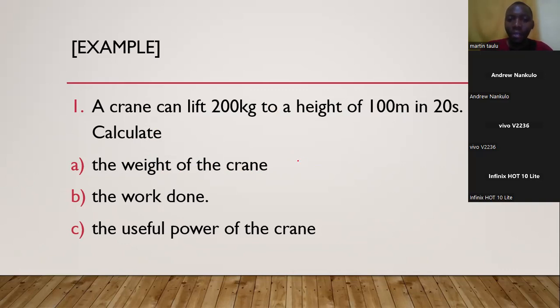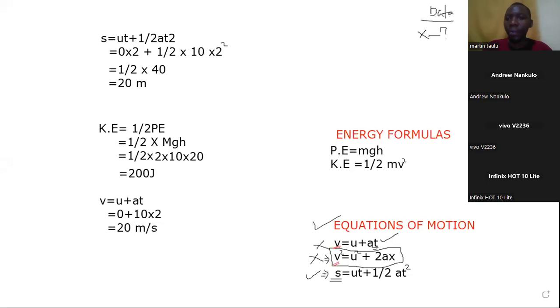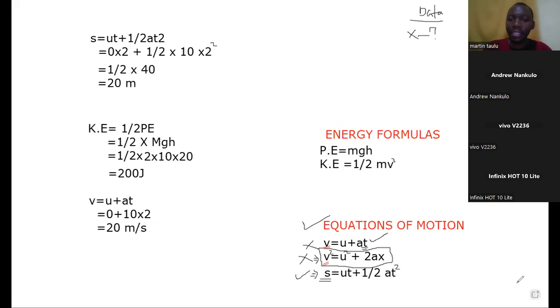Limpo, what's the formula for weight? It's mass times gravity. Okay, so weight is given by the formula mass times gravity.